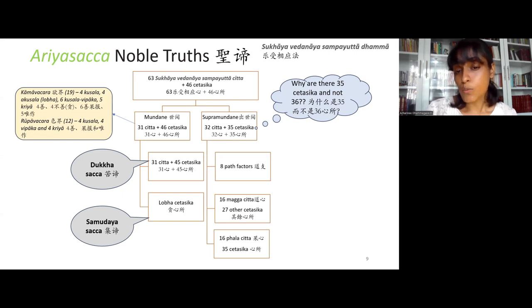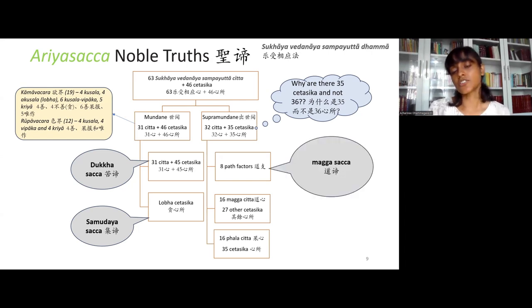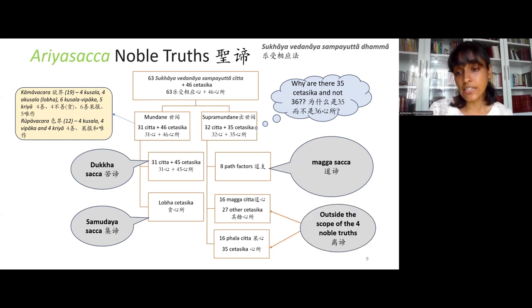So Magga Sacca is there, and we get the 8 Magganga, or the 8 path factors, classified under Magga Sacca. And everything else, the remaining 16 Magga Chitta and the 27 other Cetasika, then the 16 Phala Chitta and the 35 Cetasika, these are outside the scope of the Four Noble Truths.